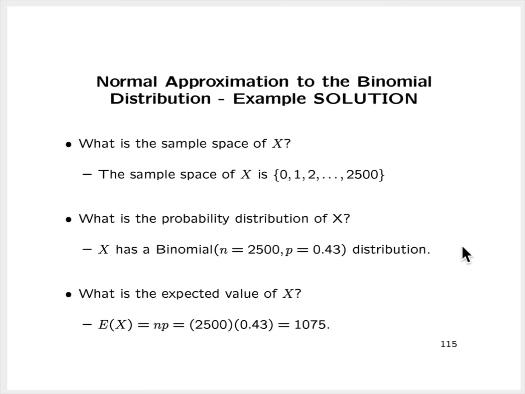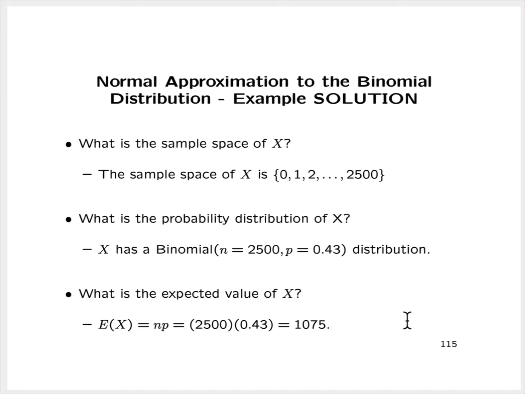And so in this case, the sample space of X is the set of integers from 0 up to 2,500. The distribution of X is the binomial distribution with n equal to 2,500 and success probability 0.43. So just think about it, and convince yourself that this is in fact the case.